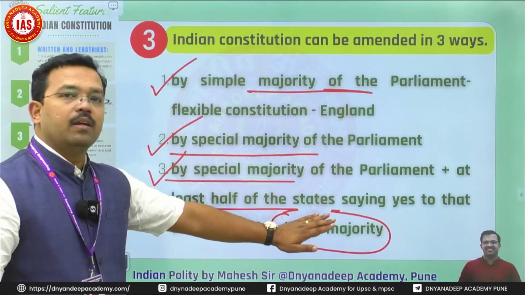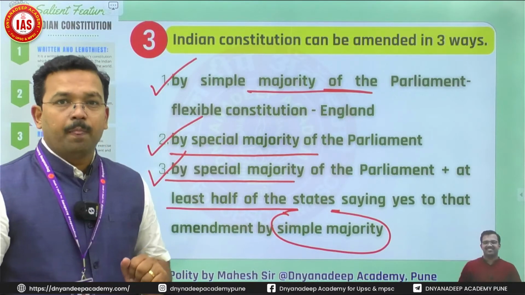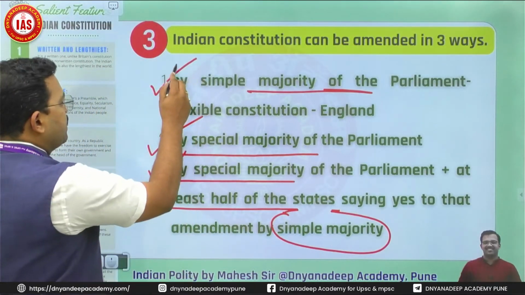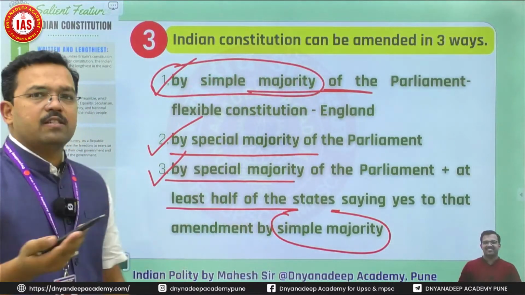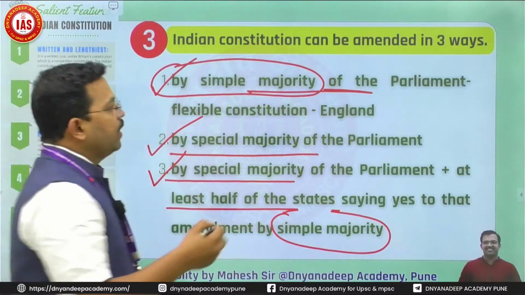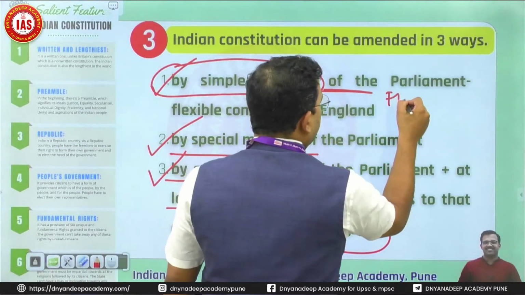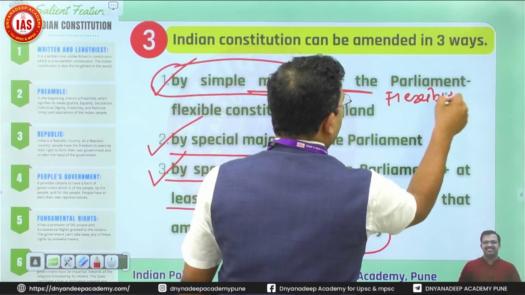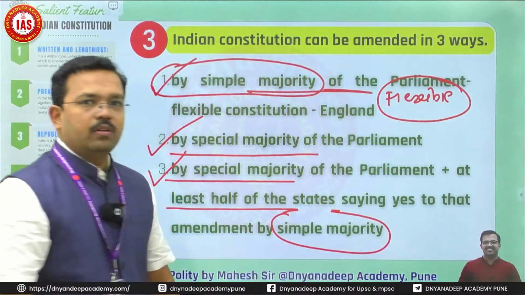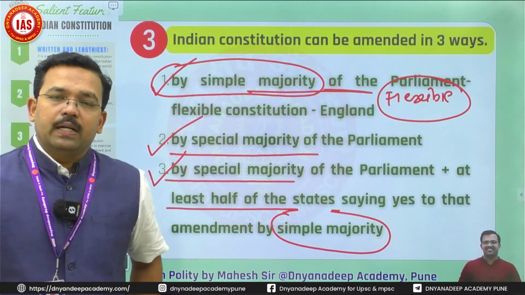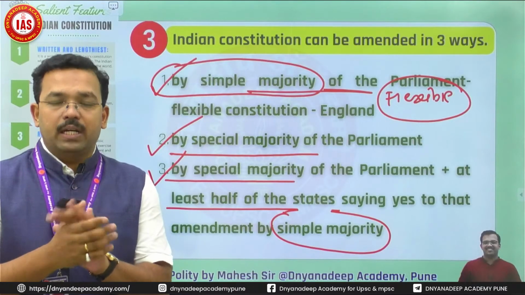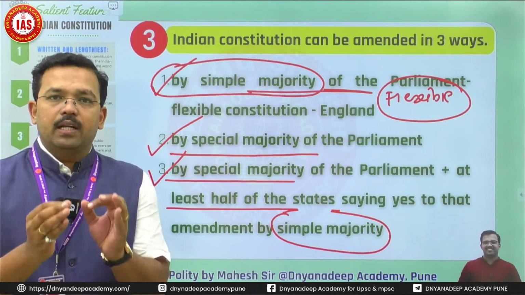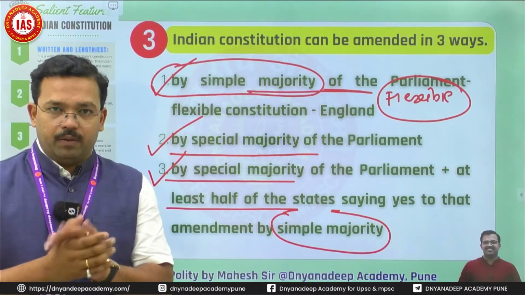Now, when you make changes to the Indian Constitution by simple majority, it is one of the easiest methods. That's why the Indian Constitution is flexible like England. Certain provisions of the Indian Constitution can be amended by simple majority. That's why it is called flexible.